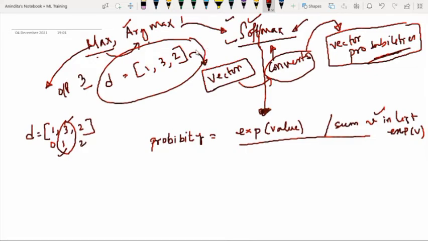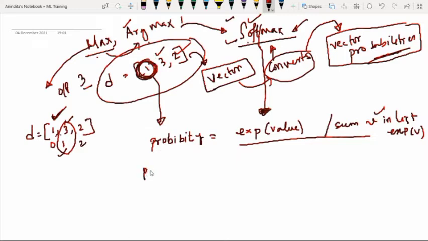For example, say we are considering this value 1 and I'm using the softmax function. In the list 1, 3, 2, how can we convert this value 1 into probability? Then we will convert 3 into probability and then we will convert 2 into probability. So let's check how this 1 is converted to probability.